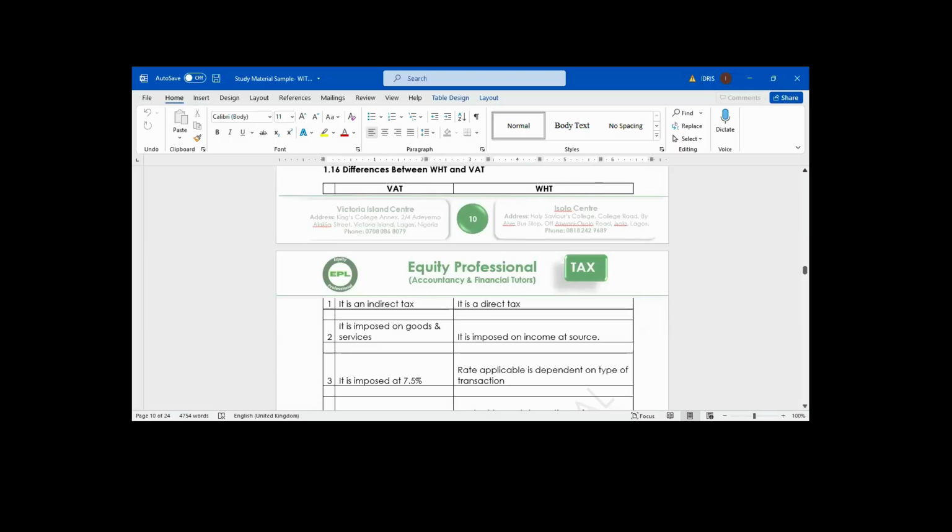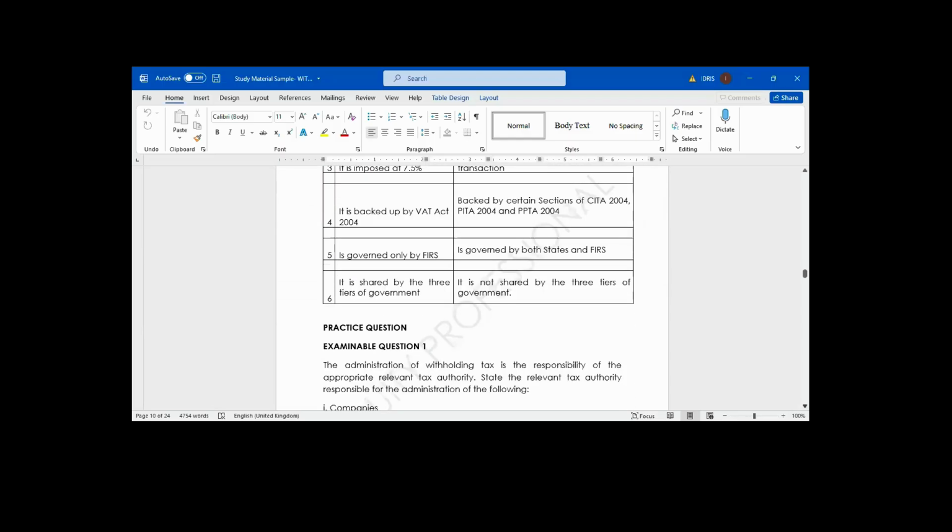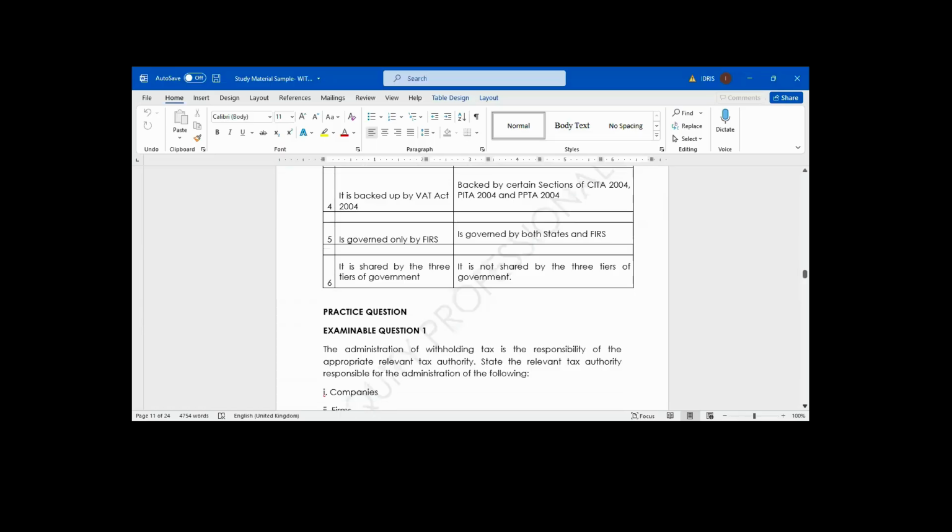Value-added tax is imposed at 7.5%, but the withholding tax rate depends on the type of transaction. Value-added tax is governed by FIRS. Withholding tax is governed by both FIRS and the State Internal Revenue Service.